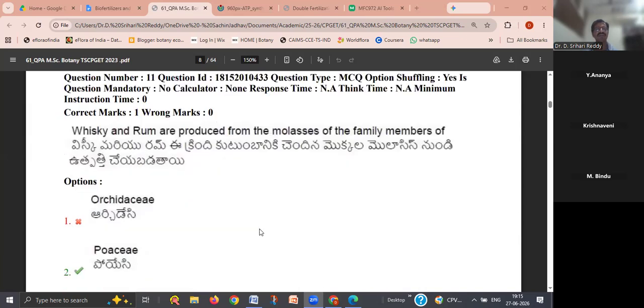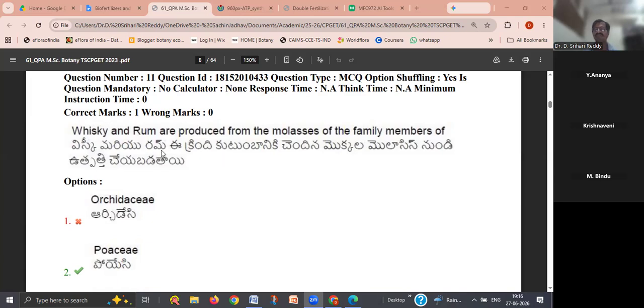Next, whiskey and rum are produced from the molasses of the family members of. Actually, in the sugar industry, molasses is the byproduct. From the molasses, alcohol is manufactured, and it is also useful for making beverages like whiskey and rum.